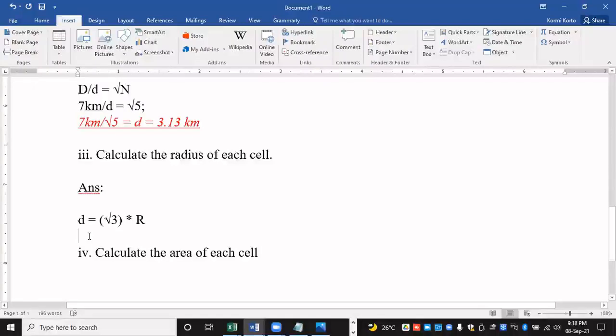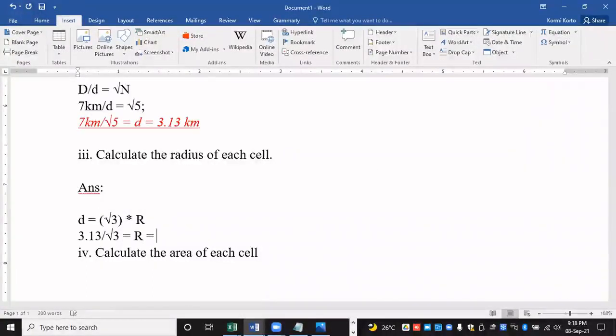So in this case, it will be 3.13 divided by the square root of 3, which should give you your r.